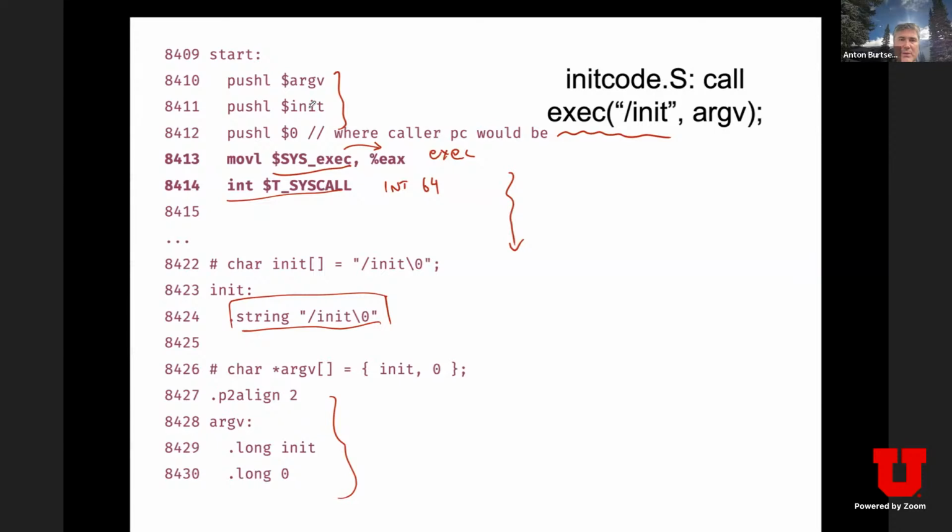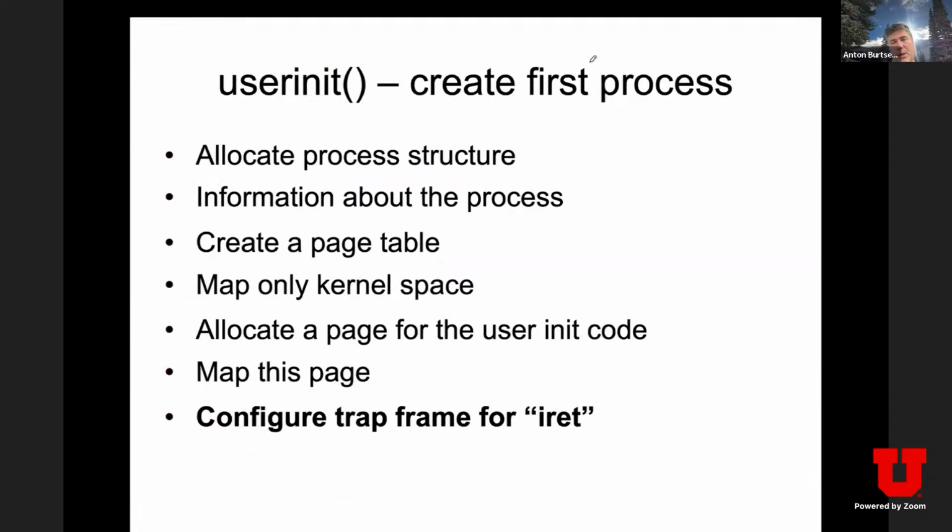So essentially just like a return address fake 0 and two arguments, argc and argv on the stack. Okay, cool. After that, it executes the exec system call, and it turns this tiny assembly initcode.S file into the init process. And the init process will run and create a shell for you, right?